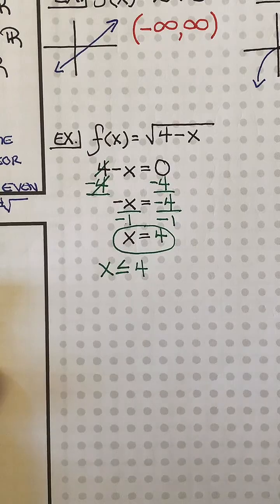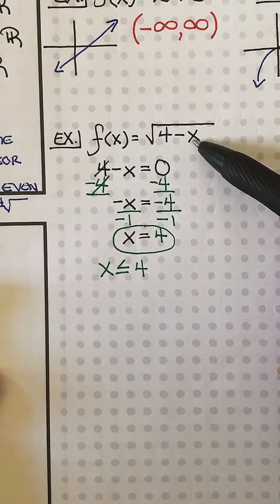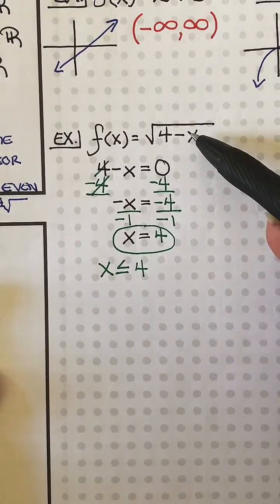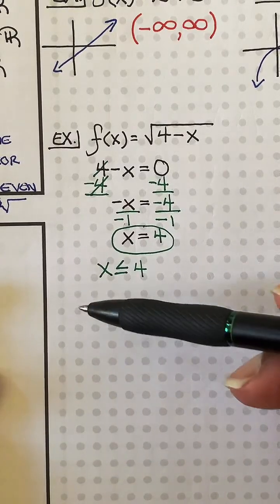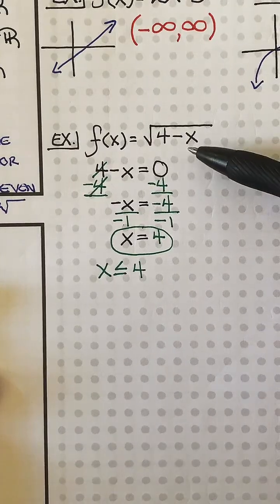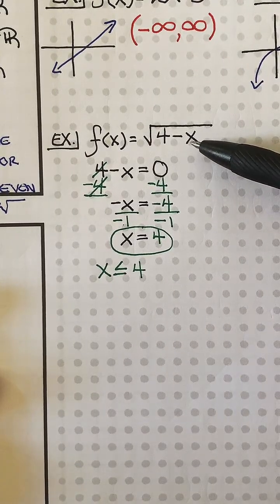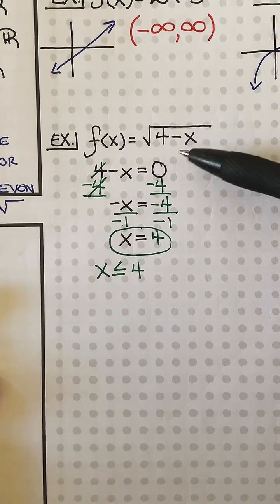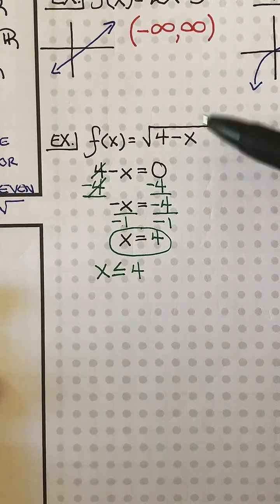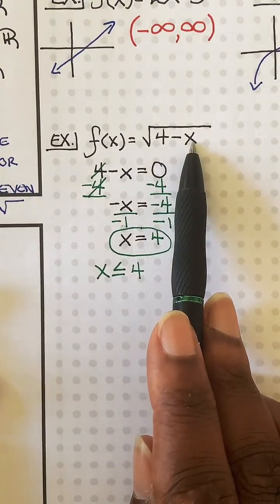Because I used 3 and it gave me a positive answer. I used 2, it gave me a positive answer. I used 0, it gave me a positive answer. If I plug in, let's say, what will be nice and easy, a negative 5 for the x, remember, I'm going to minus a negative.